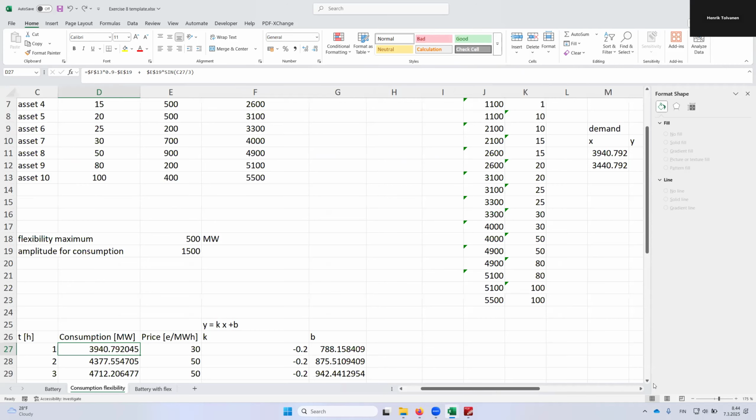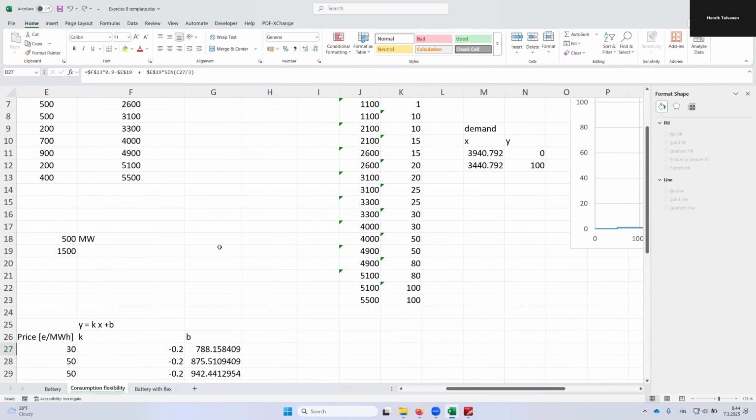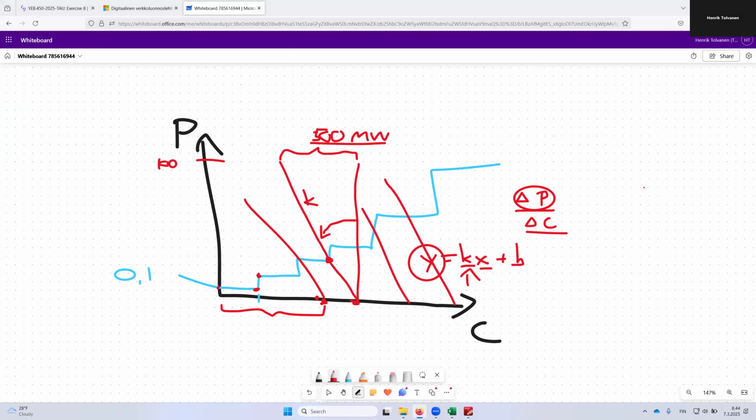the problem lies in where to find the intersecting point. And as I said, since this is not a continuous function, but rather this kind of a piecewise function, step function, we have to do some mathematical shenanigans. So let's go ahead and draw this again.